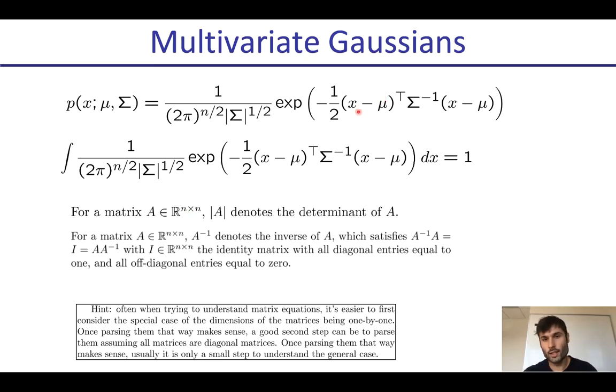In the 1 by 1 case, sigma is equal to the square of the lowercase sigma, and then x minus mu transpose times x minus mu is simply x minus mu squared. So we essentially obtain the same PDF as in the univariate case.